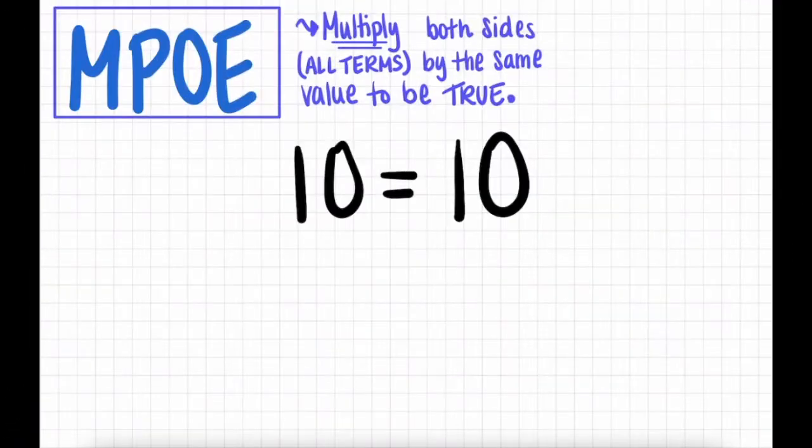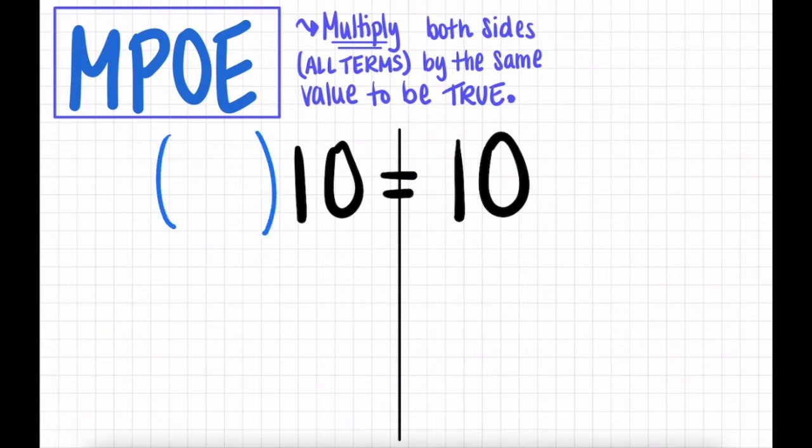All right, starting with MPOE and a true equation, 10 equals 10. I'm going to divide my equation in half to fully separate the left side of the equation from the right. Now, multiplication works a little bit differently. To show multiplication, we use parentheses next to the number and put the number that we're multiplying by inside. We're multiplying the left side by 2. 2 times 10 gives the left side of the equation a value of 20.